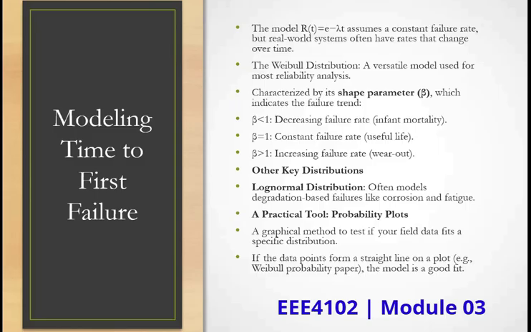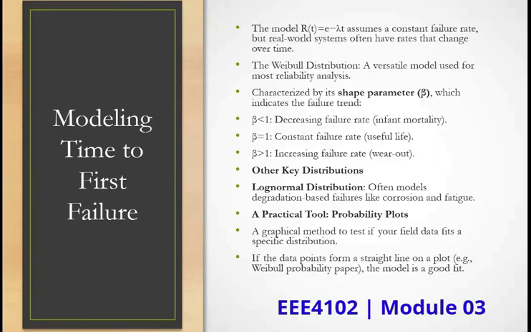But when you go into real world systems and how to apply, we often have rates that change over time. So this formula is very great for high level understanding because of it assuming a constant failure rate, which is the ideal state for most systems during their useful life.